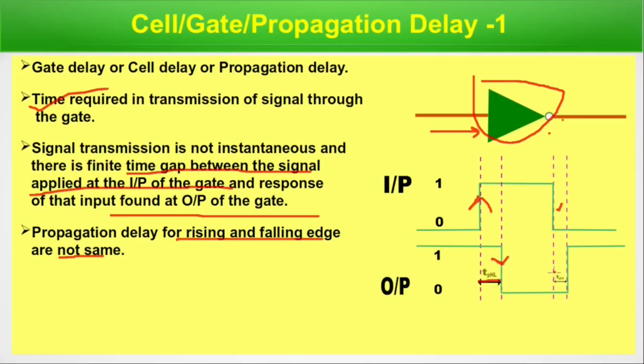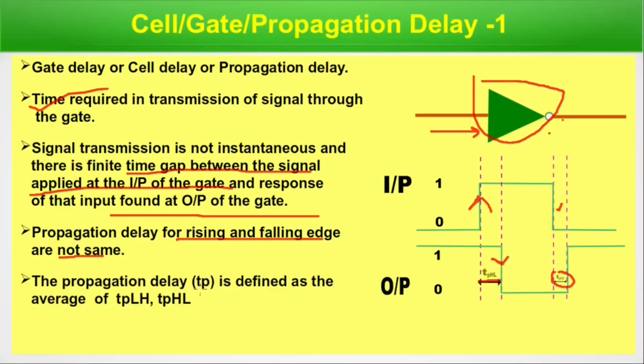In a similar manner there is TPLH, and these two are not the same. The propagation delay TP is defined as the average of TPLH and TPHL, and TP is equal to TPLH plus TPHL. So if that is the total waveform, the total delay is basically the summation of these two. So we are done with this slide.